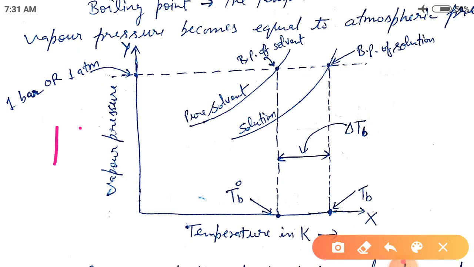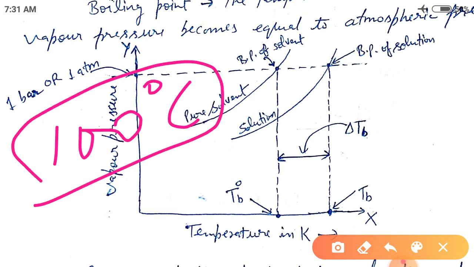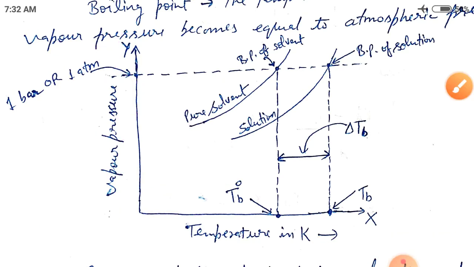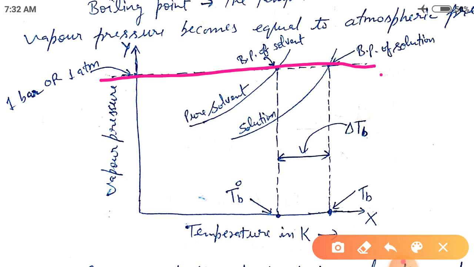Water boils at 100 degrees centigrade, or 373 Kelvin, right? At this temperature, the vapor pressure becomes equal to 1 bar or 1 atmospheric pressure. This is the 1 bar pressure at which the liquid solvent boils.